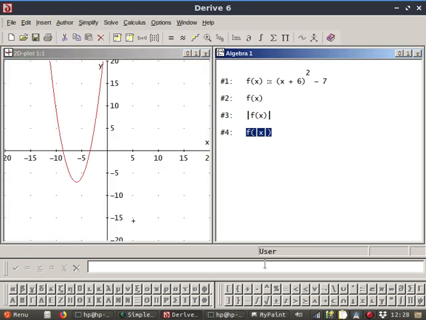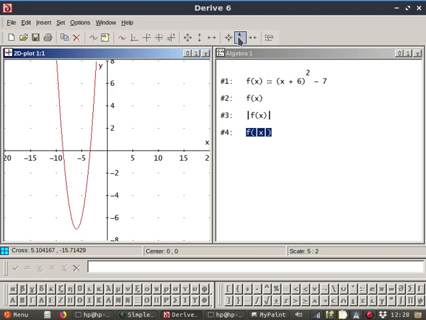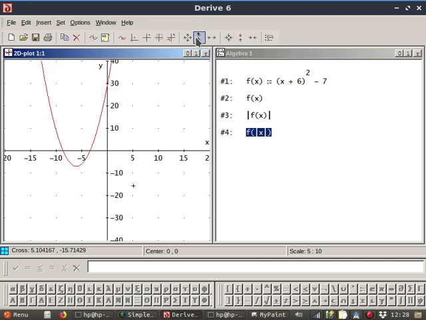Okay, what about if I do this? Mirror. Now I'll shrink this a little bit. So you force it to be an even function. It becomes an even function. Remember even and odd? So this side is unchanged.